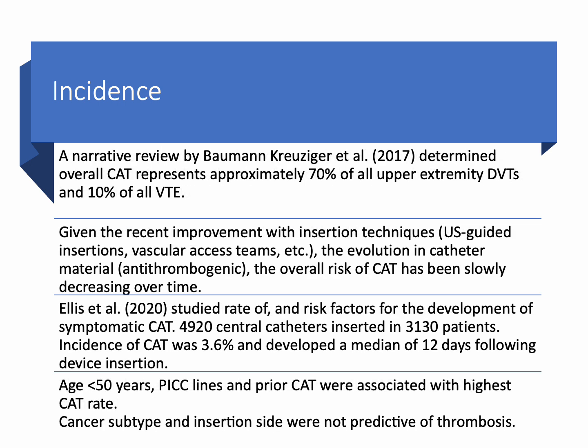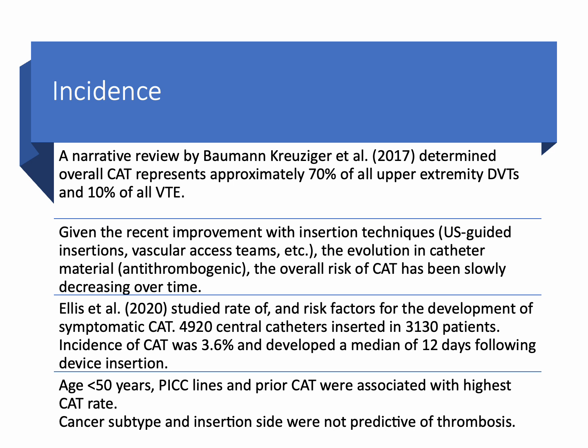A narrative review by Baumer and Kreuziger in 2017 determined that overall catheter-associated thrombosis represented approximately 70% of all upper extremity DVTs and about 10% of all venous thromboembolism.